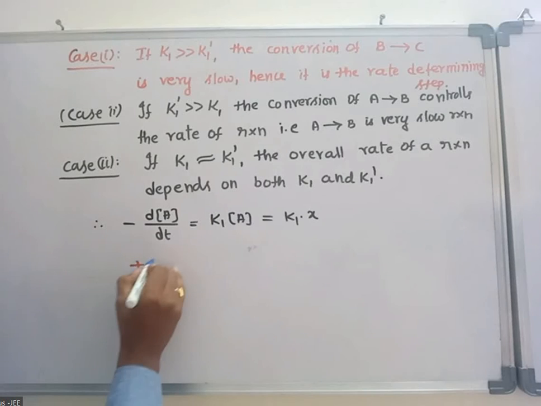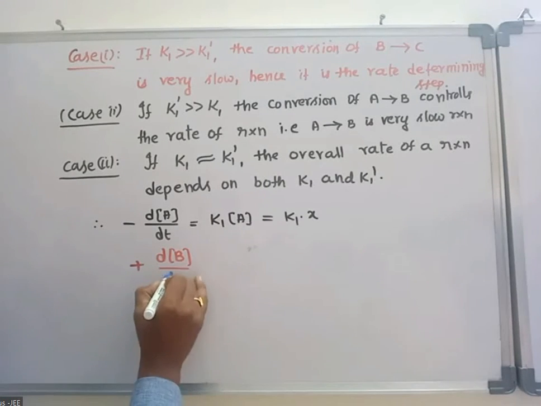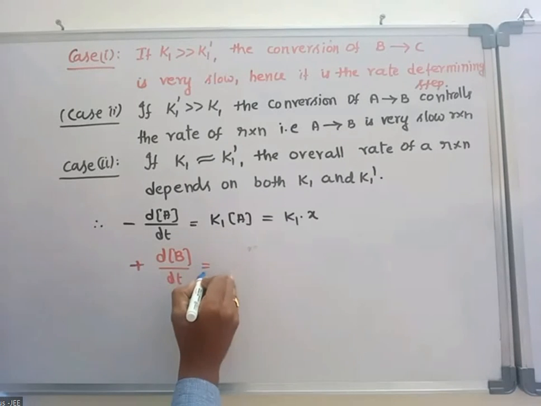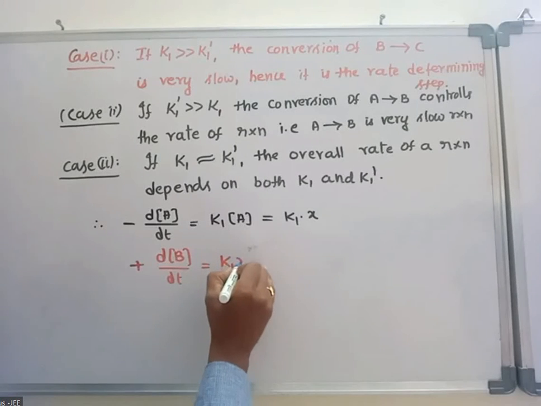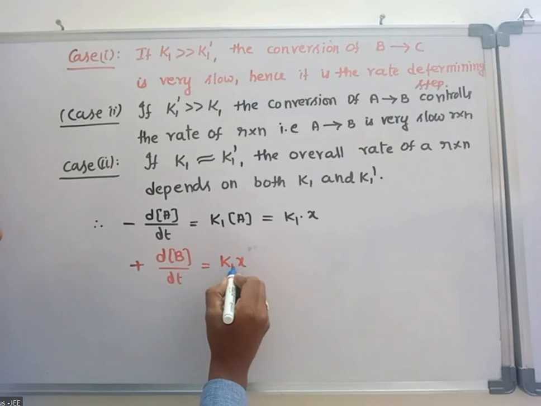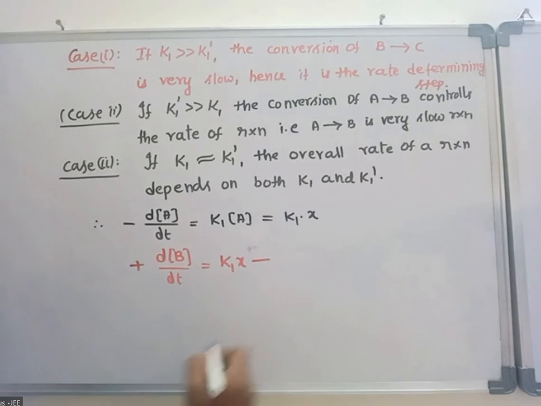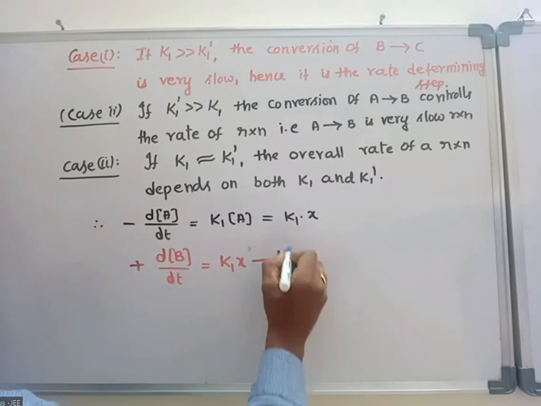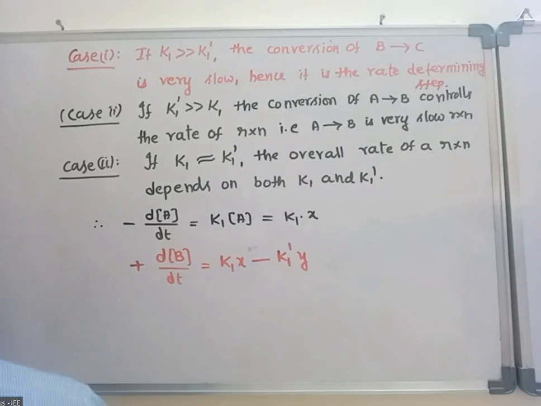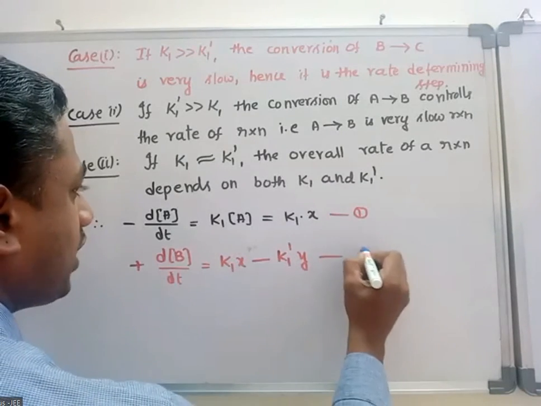Rate of formation of B equals K1 into concentration of X, but part of that K1 into X is decomposed to C. That's why K1 dash into Y. This is equation 1. This is equation 2.